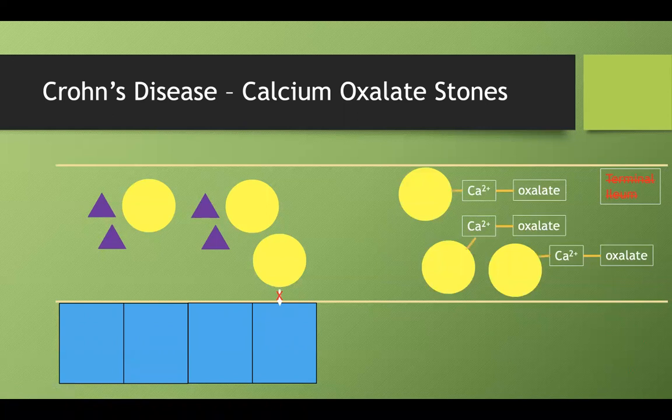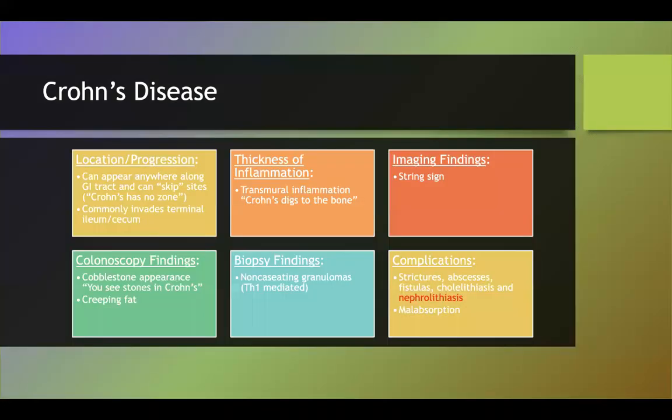And when they bind to calcium, calcium loses its grip on these oxalate molecules. Because of that, oxalate's able to freely diffuse into our bloodstream. So you get all this oxalate that's entered into your bloodstream that really wasn't supposed to be there. It was supposed to have just been excreted, bound to calcium, and nothing would have happened. But with this free oxalate in our bloodstream, you can get calcium oxalate kidney stones.